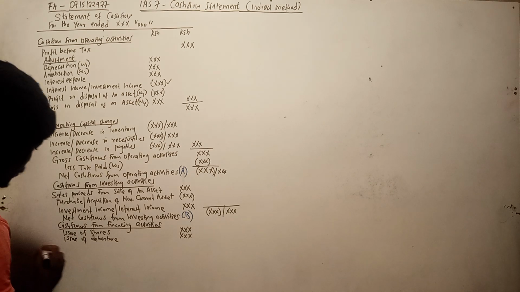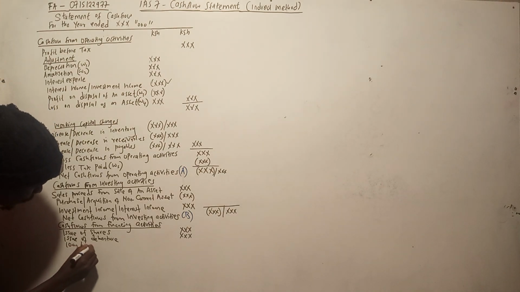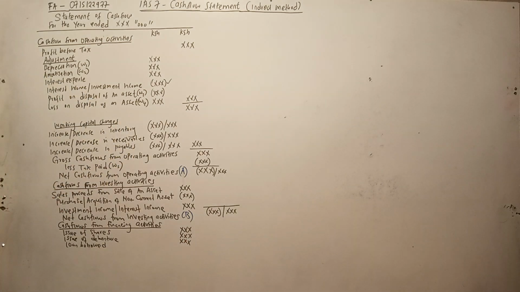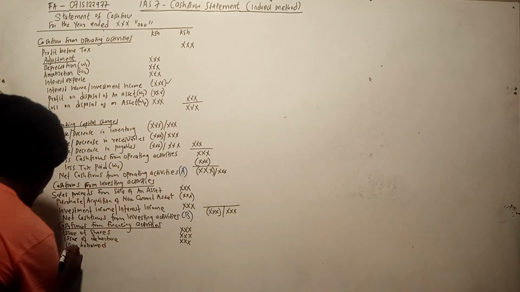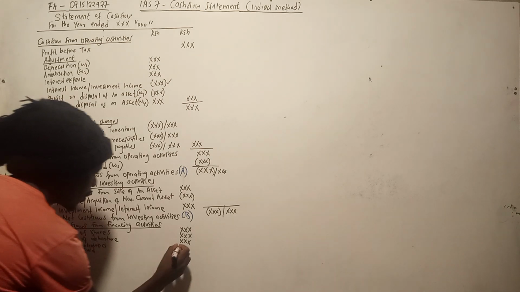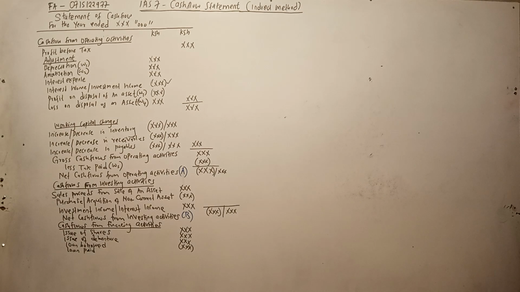Loan borrowed. So we have loan borrowed, we add loan borrowed. Loan paid will reduce our amount.